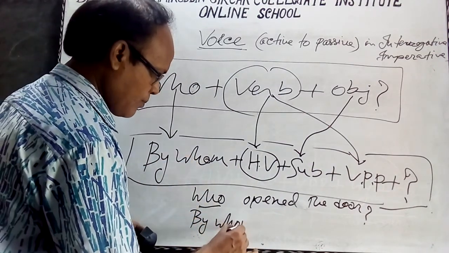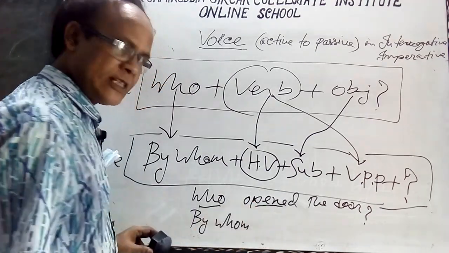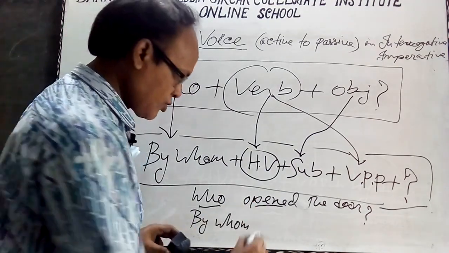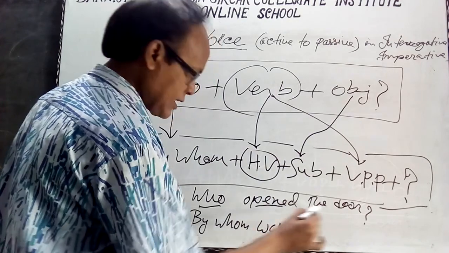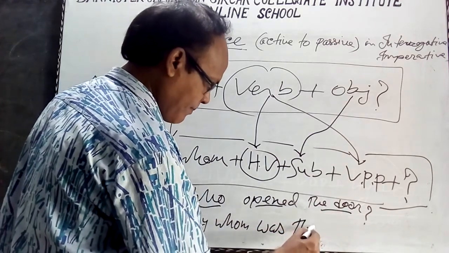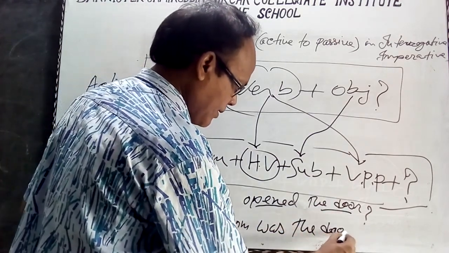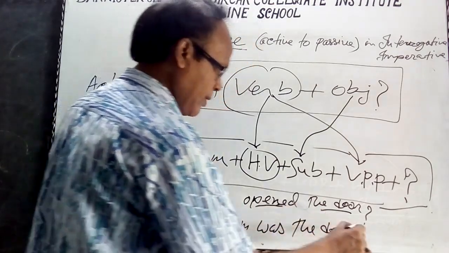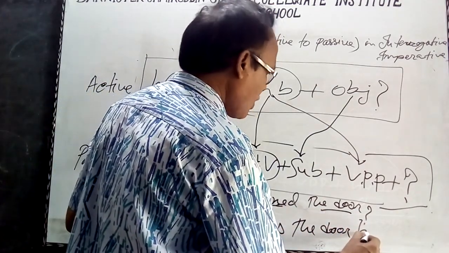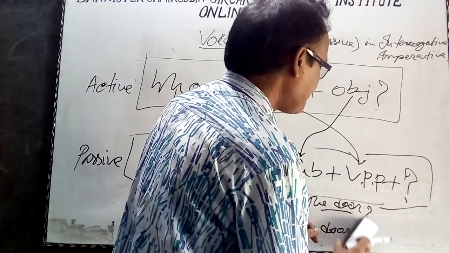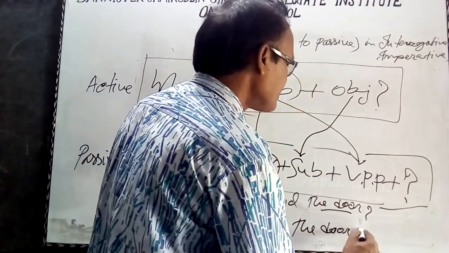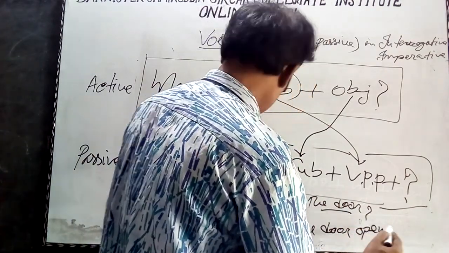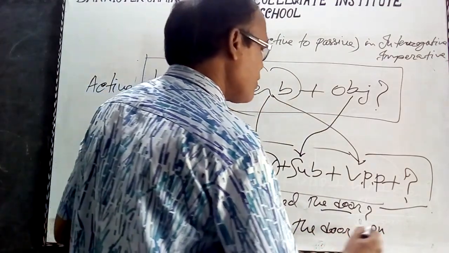By whom, and the verb is in the past indefinite, so was. By whom was the door, and the verb will be in the past participle form, opened. By whom was the door opened?